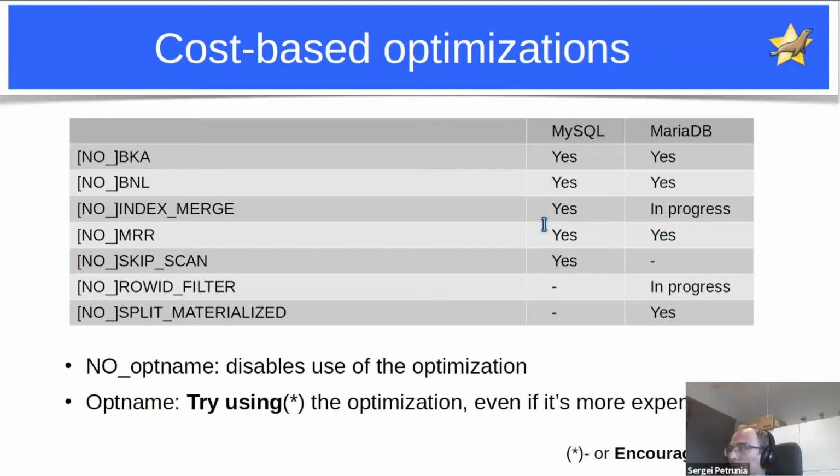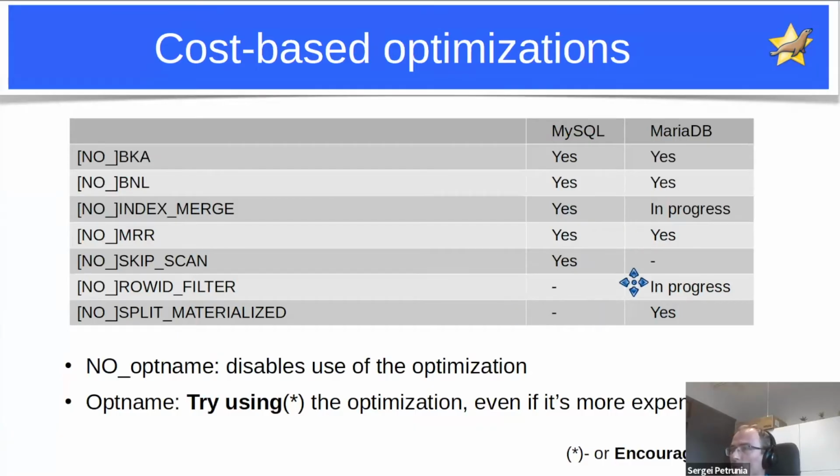These are cost-based optimizations, so normally the optimizer would use cost and pick the cheaper one. You see that MariaDB doesn't support skip scan optimization because it doesn't have it. MySQL does. Then MariaDB has row ID filter and split materialized. Split materialized is done. Row ID filter is in progress for 12.2.